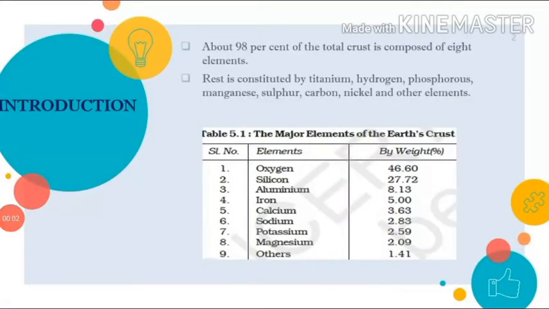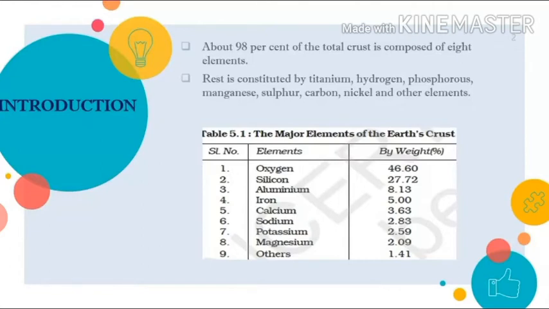The earth is composed of various kinds of elements. These elements are in solid form in the outer layer of the earth and in hot and molten form in the interior.